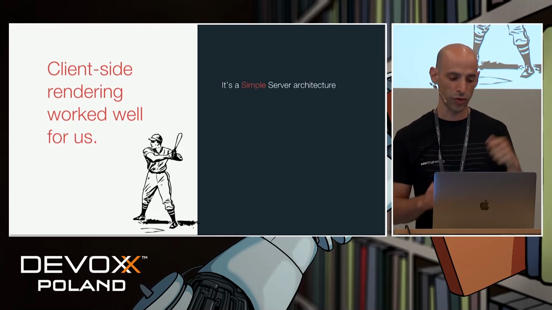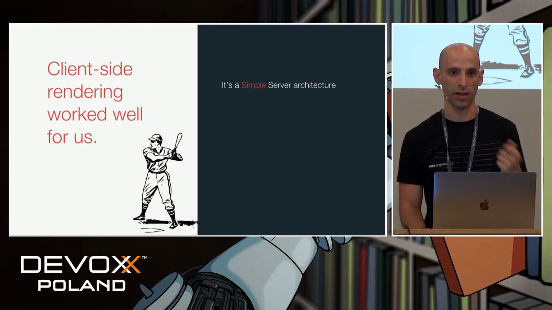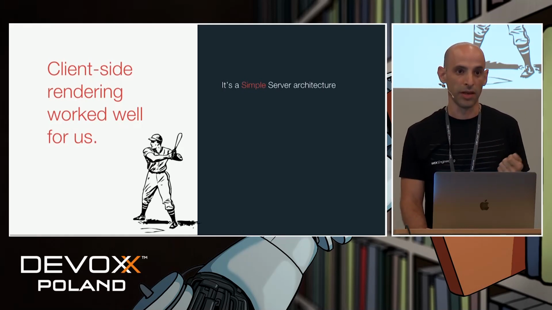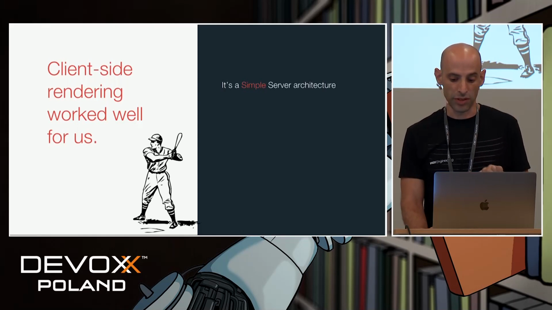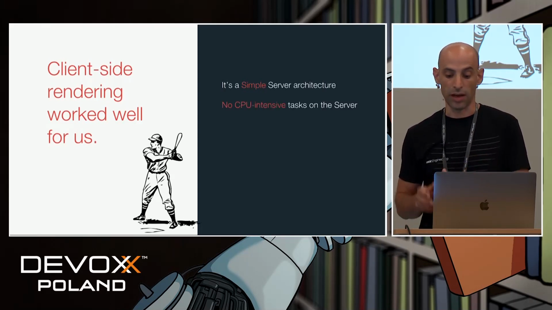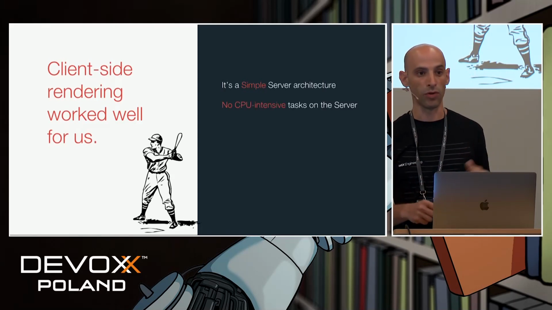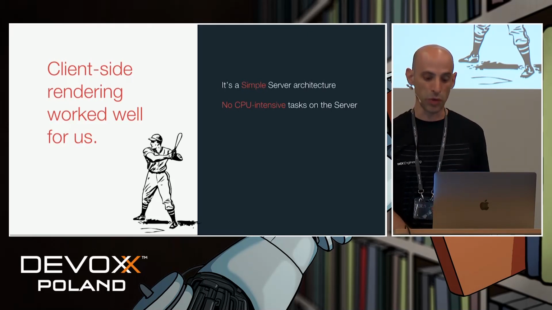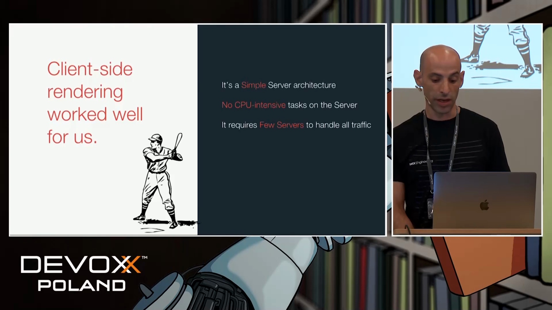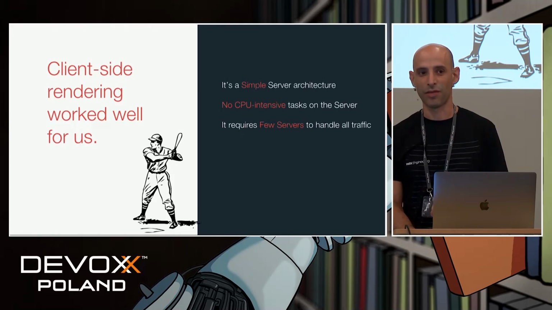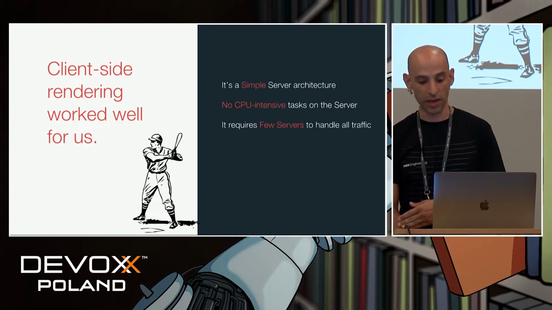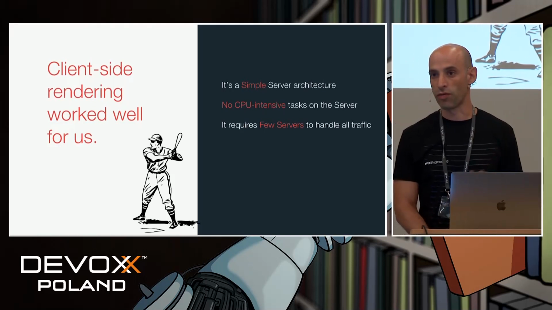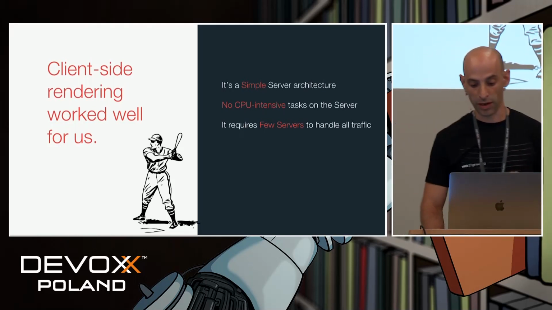I will drill into the client-side architecture while I describe what changed. But the simple server architecture had a very small CPU footprint on the server side, so there were no CPU-intensive tasks on the server. It required a very small number of servers on the back end, and it allowed us to grow very, very fast.